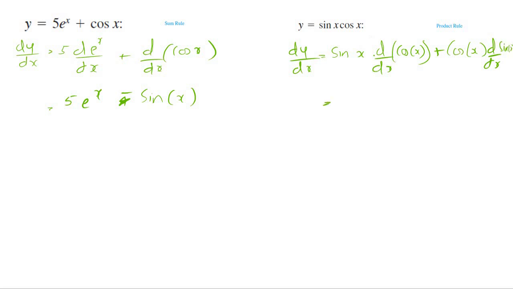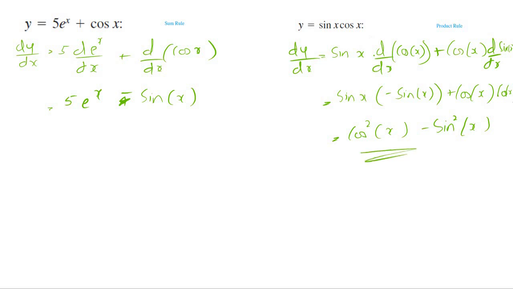So we have sin x, and the differentiation of cos x is minus sin x. So we have sin x multiplied by minus sin x plus cos x multiplied by cos x. So we have cos squared x minus sin squared x.